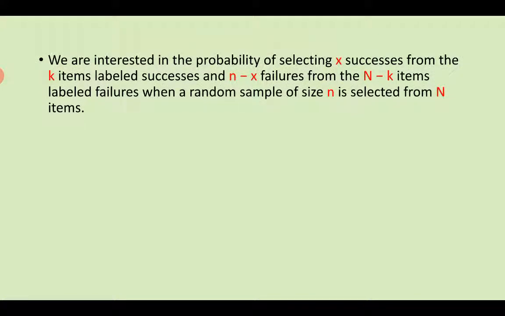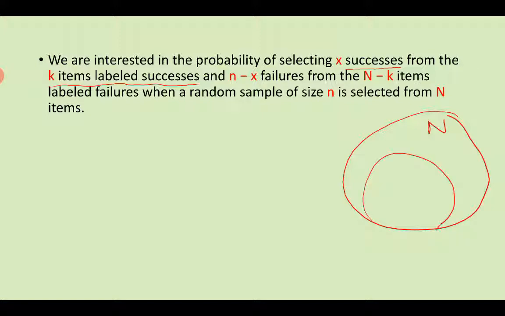We are interested in the probability of selecting x successes from the k items labeled as successes. See, there will be totally N items, out of which we will select only small n. It is not a population, it is another sample, a big sample. From the big sample we get a small sample n, and in this N there are k successes.